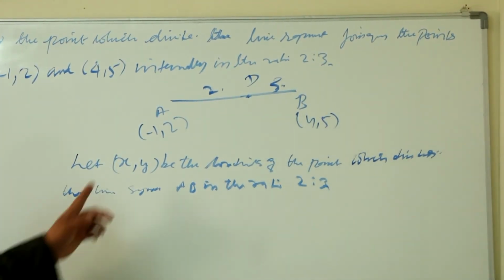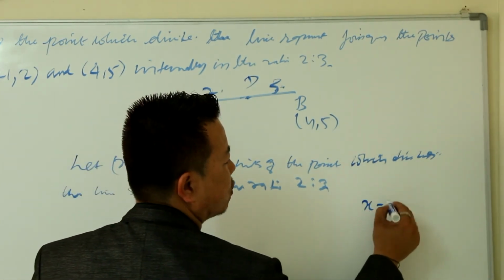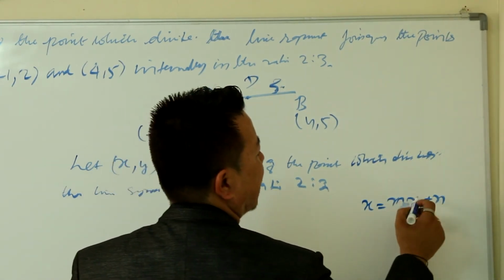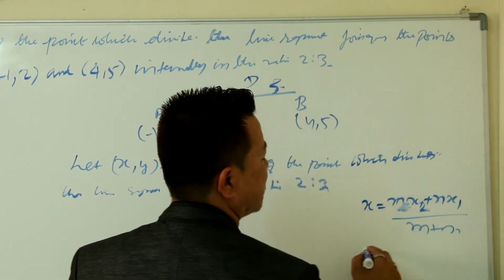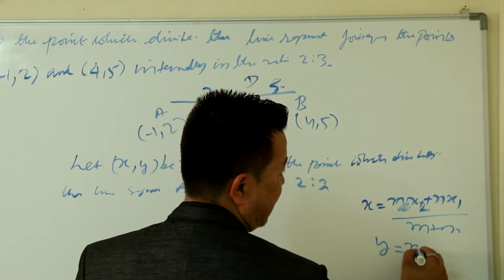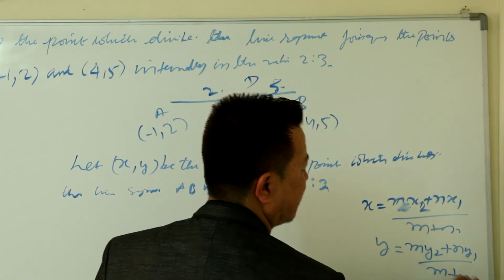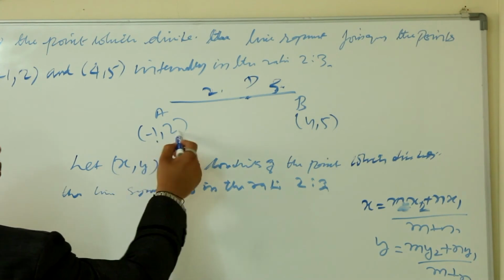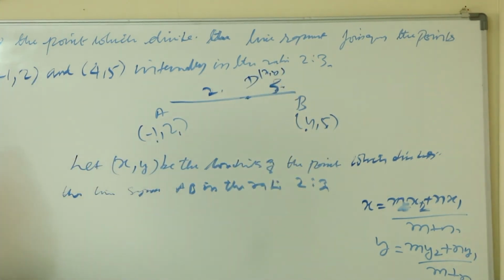Now we need to find the value of x and y. So as we told, apply the section formula. x is equal to mx2 plus nx1 over m plus n. Similarly, what is the value of y? my2 plus ny1 divided by m plus n. Now you can apply. So this is x1 y1, x2 y2, and we need to find x y. We have already supposed here.